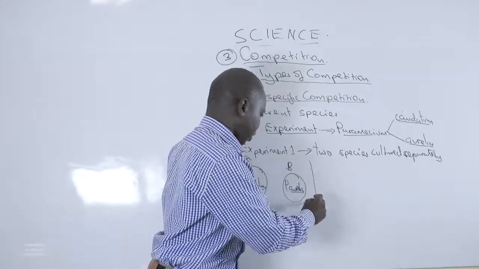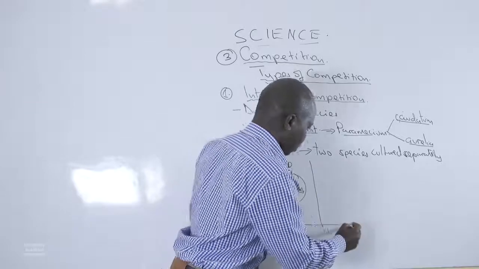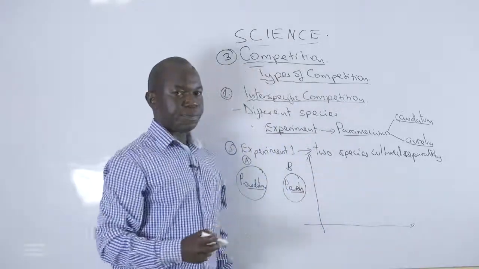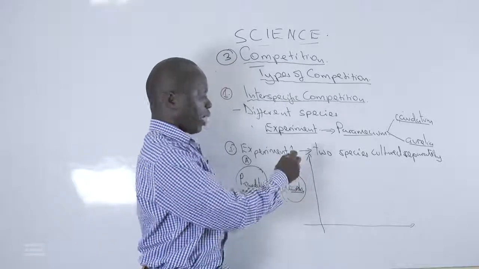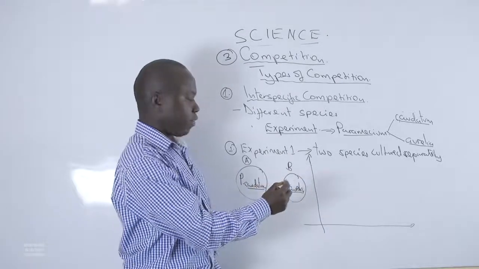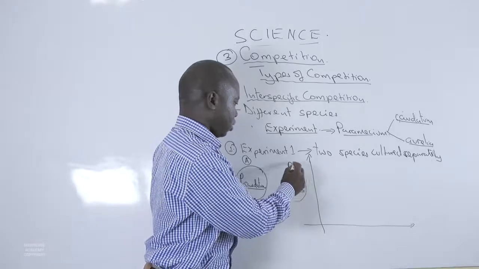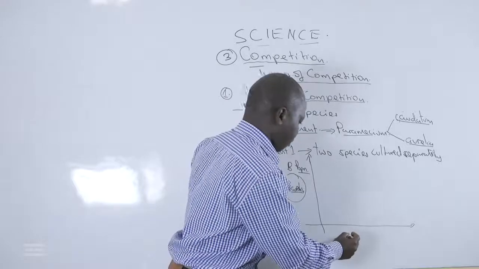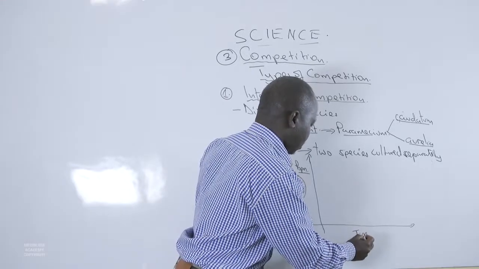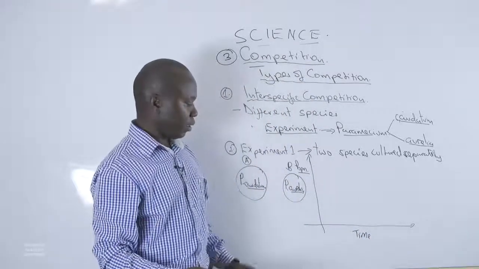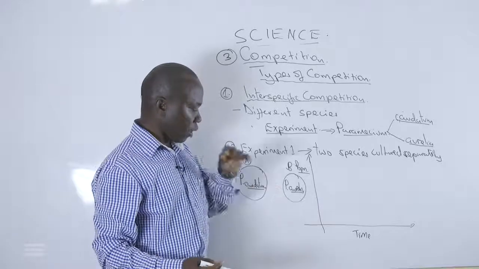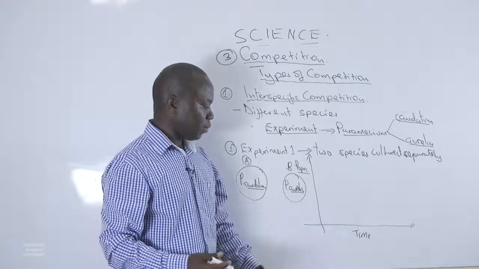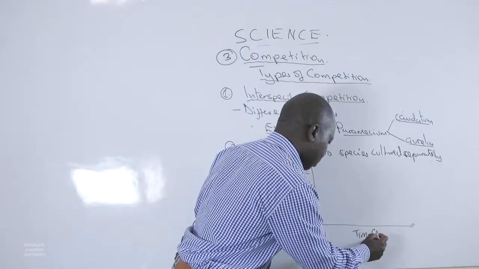The kind of graph that the two will produce is nearly the same. If on this axis you have population and here time, because it takes few days or a small amount of time to grow or reproduce, this time could be in days.